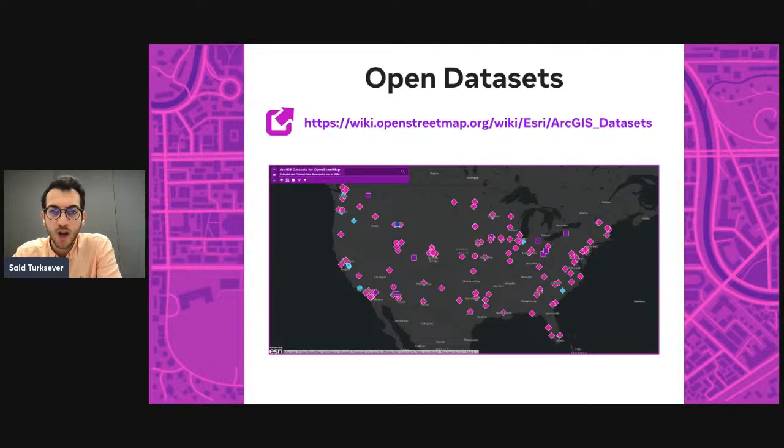Another link, so I will share this presentation link with you all, so you can check out all the links there, and you can see all the open data sets which are shared by some of the US governmental offices. And at the moment we are working with the HOT Latin America hub to bring Ecuador's official open data set to Rapid.